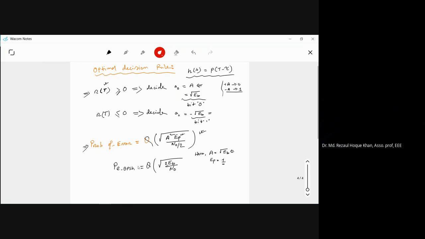So the probability of error for BPSK is expressed by this equation.